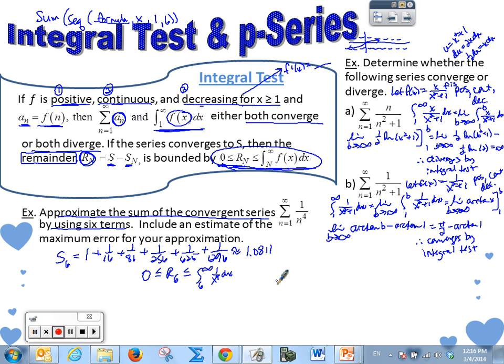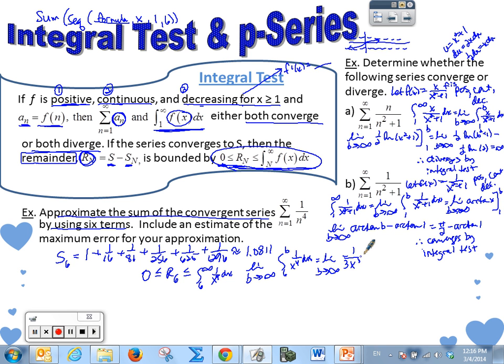Alright, so it's an improper integral. So the limit as b goes to infinity, integral 6 to b of 1 over x to the 4th dx. So that's just the reverse power rule. It's negative 1/3 x to the negative third, or limit as b goes to infinity, negative 1 over 3 x cubed.